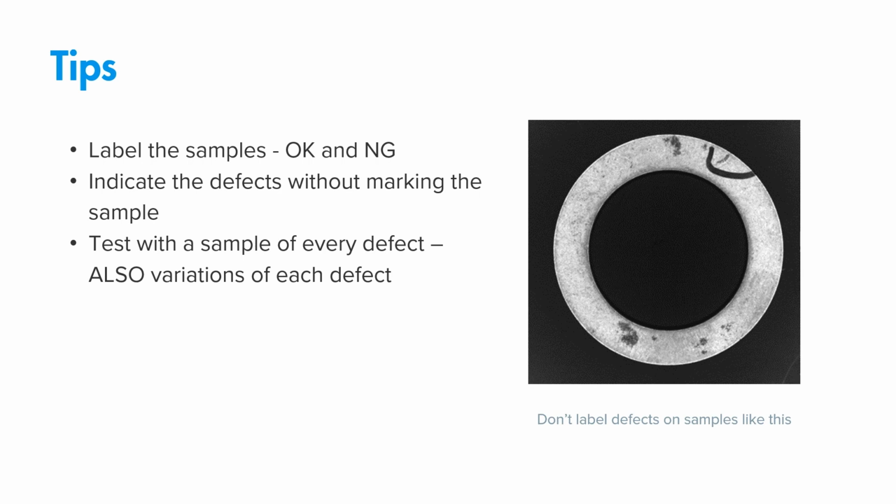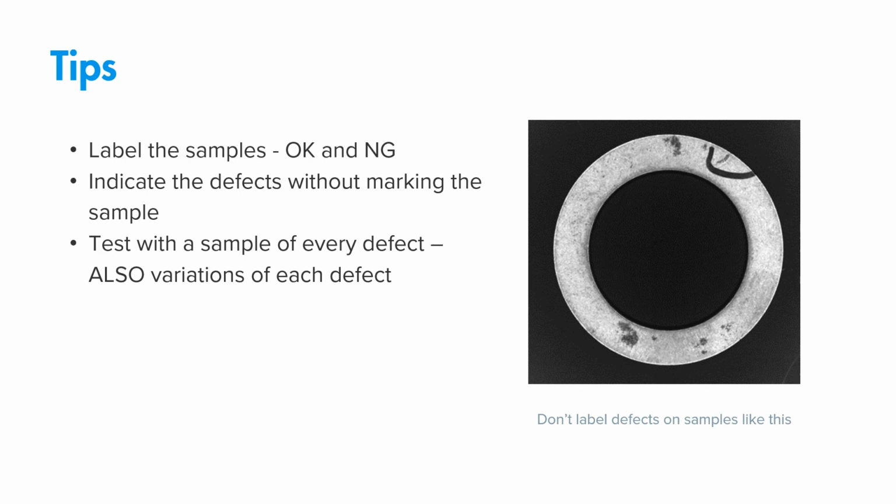Another tip is to test the sample with every defect. So if you have 10 defects that can occur, try and have at least one of every defect to test with. The more variations you have of each defect, the more confident you can be in your solution.